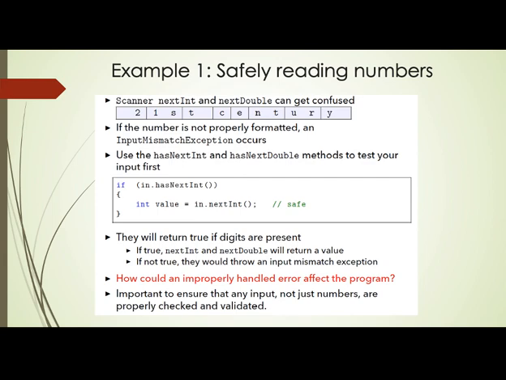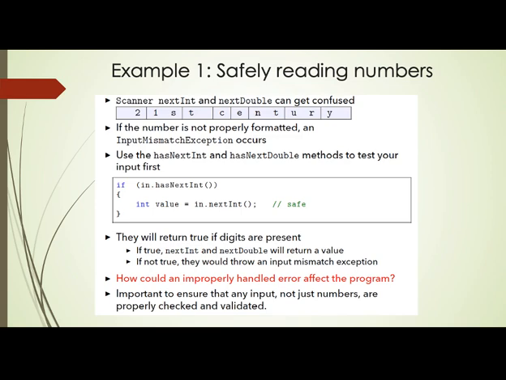So you have to check first if there is another int or if there is another double before you try grabbing something blindly. That code example shows you how to properly handle this problem.